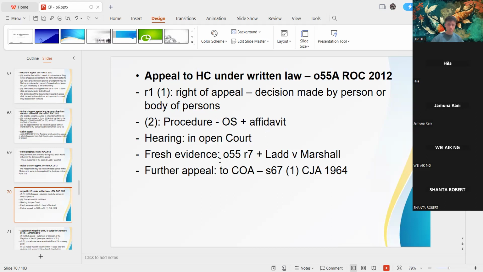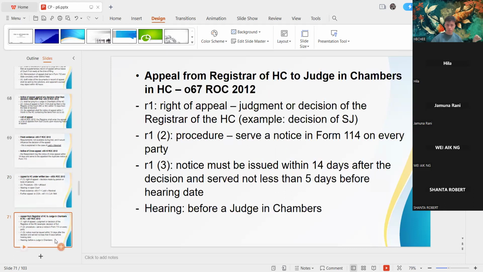The fresh evidence is Order 55 Rule 7 plus Lett and Marshall. That's why I say Lett and Marshall is the mother of the case for fresh evidence in every single appeal. So the further appeal is to the Court of Appeal under Section 67 of the CJA 1964.